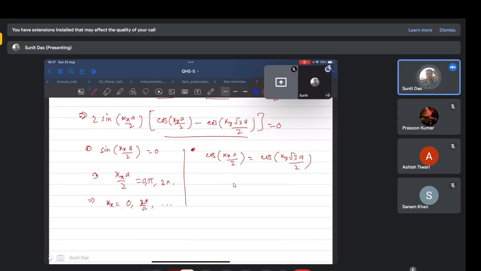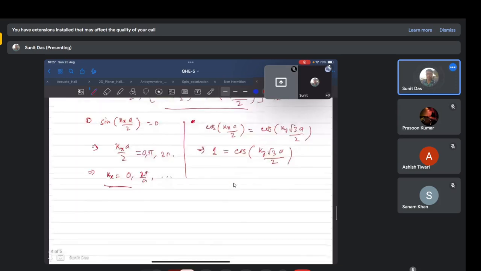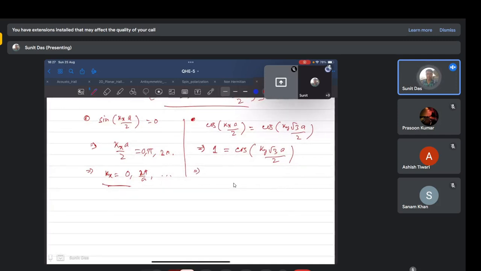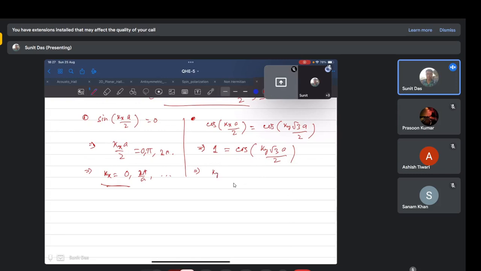so we are simultaneously solving. If we put kx equal to 0, then this term will be 1 equal to cos ky root 3a by 2. And this means that again ky root 3a by 2 needs to be 0.